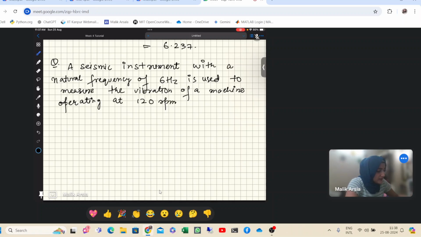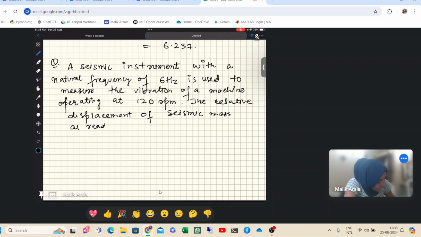The relative displacement of the seismic mass as read from the instrument is 0.05 mm.